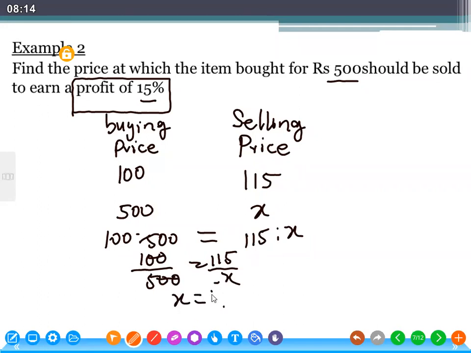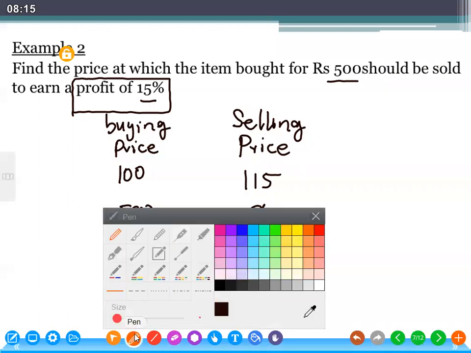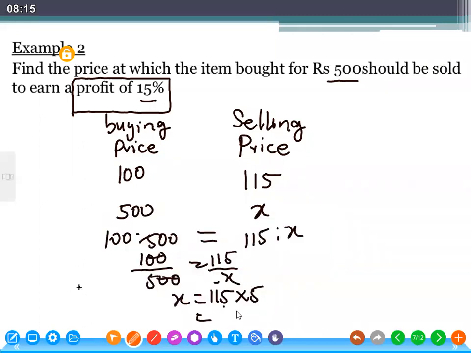X is equal to 115 into 5, and X is equal to 575 rupees. Okay, I hope you understand about solving problems using the definition.